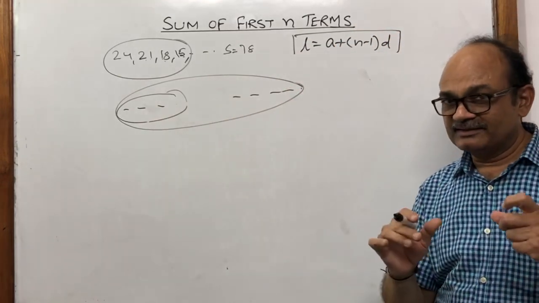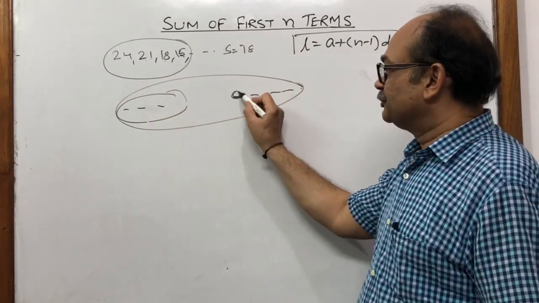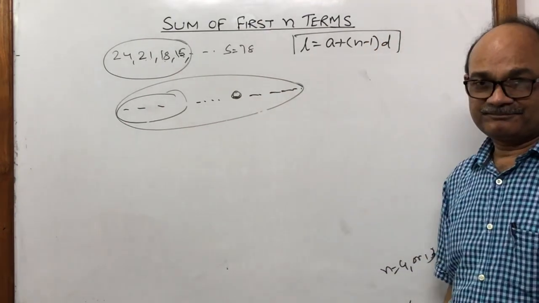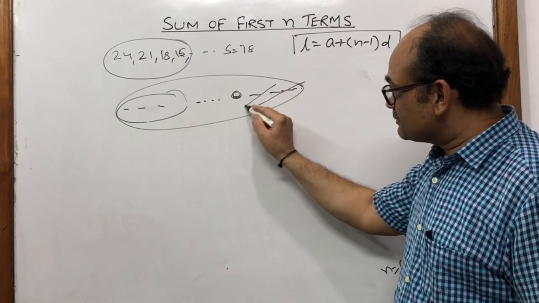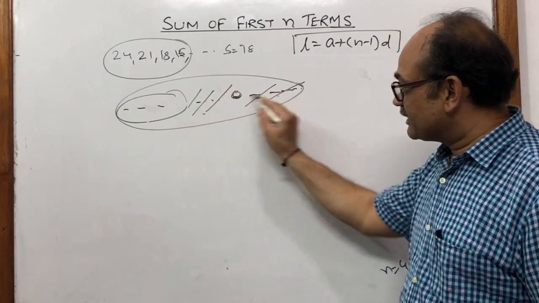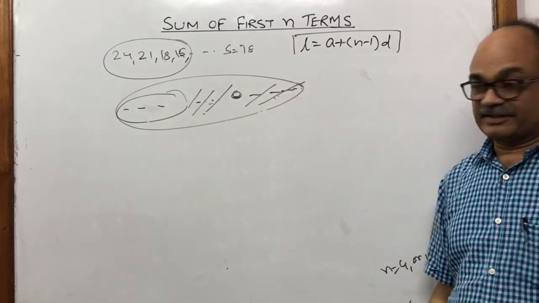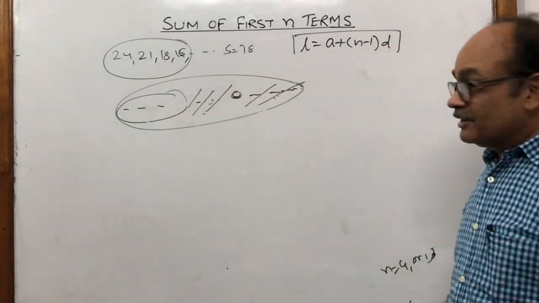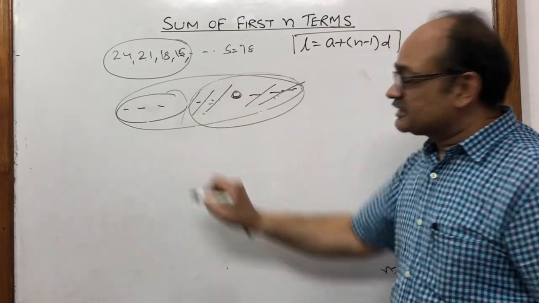What is the meaning? Meaning is that somewhere you will get 0, some positive terms, some negative terms. It means these positive terms and these negative terms will cancel out each other. After 4, there are 9 more terms, but these 9 terms cancel out each other.